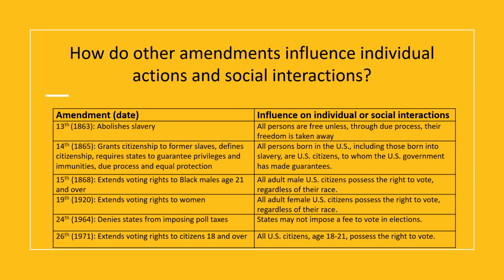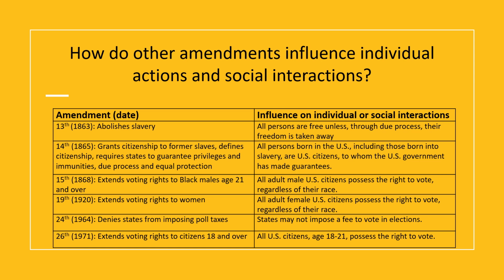So the 14th Amendment makes certain that a lot of the decisions that are made by state governments were now limited because the national government took certain powers away from the states by saying, you can't decide who gets equal protection, you can't decide who gets due process, you can't decide who is a citizen, etc. And so the 14th Amendment gave to former slaves their citizenship.